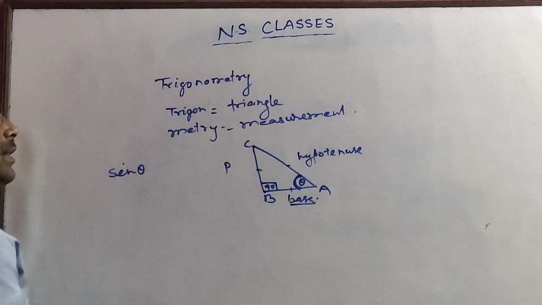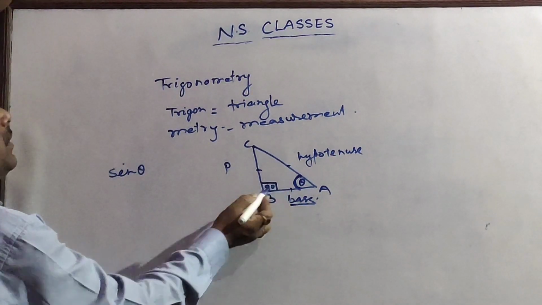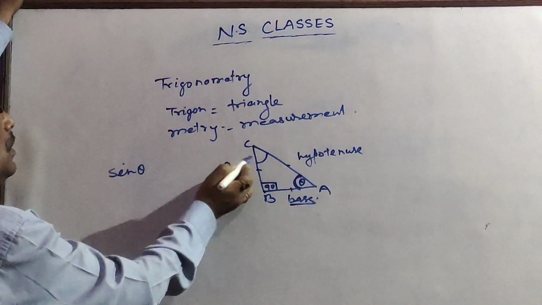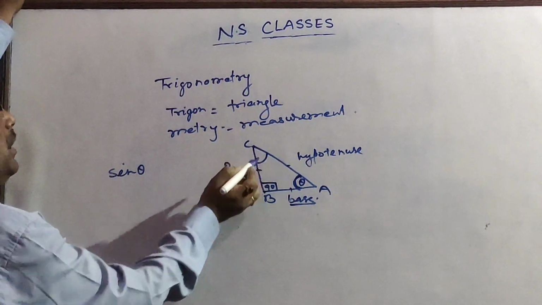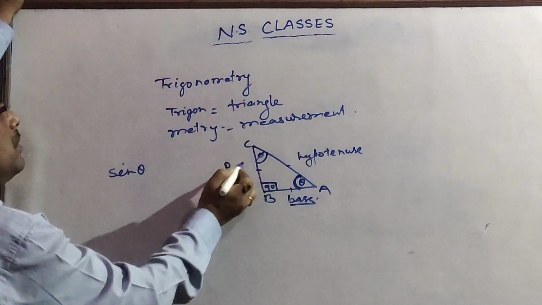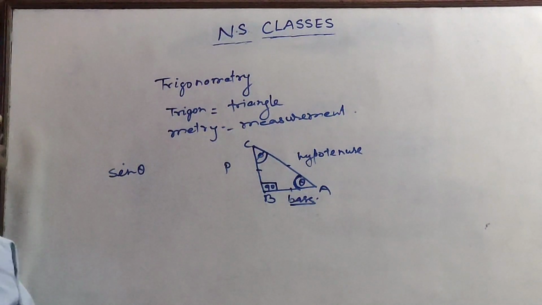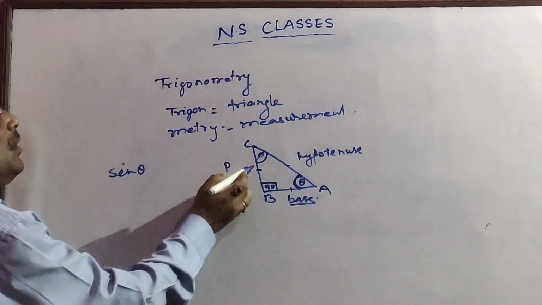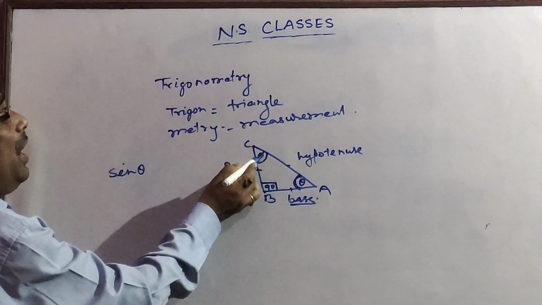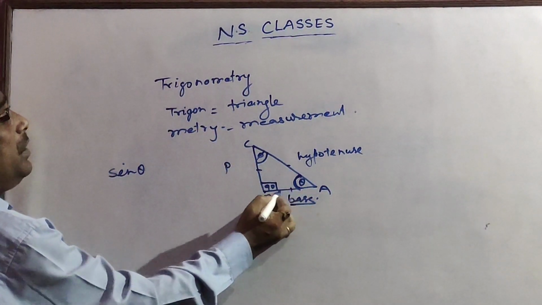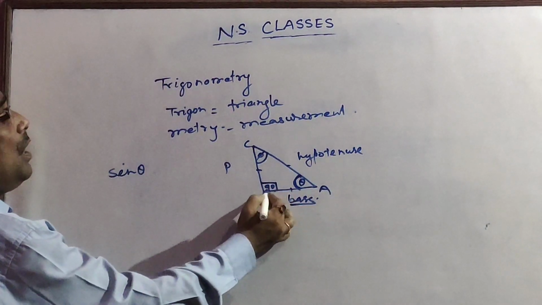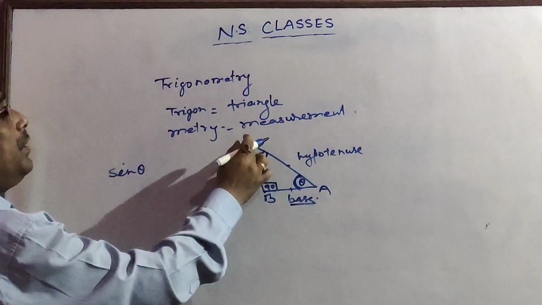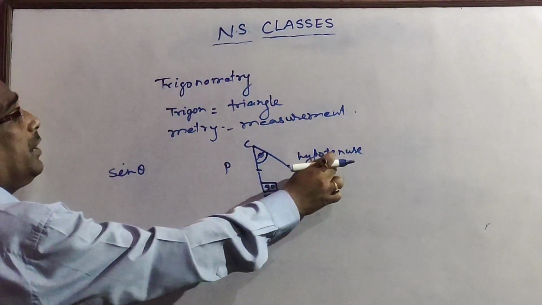Now suppose this angle is phi. For this angle, AB is the perpendicular and the side opposite to 90 degrees, CA, is the hypotenuse.